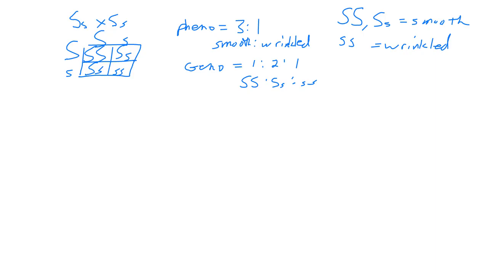In B, it says a heterozygous with a wrinkled individual. So we know that a heterozygote is going to be big S, little s, and the wrinkled has to be little s, little s. So here we have a 1-to-1 ratio.